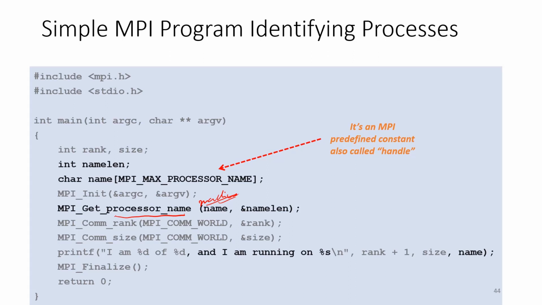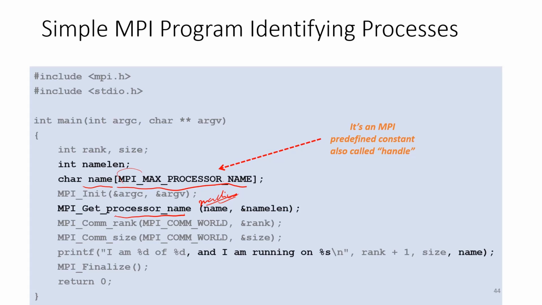You have to declare an array of size this constant. There is a constant called MPI_MAX_PROCESSOR_NAME that designates the maximum number of characters that is used by MPI to specify the processor name or the machine name. So maybe the machines can have names up to, let's say, 256 characters.